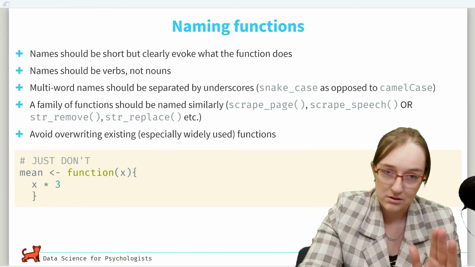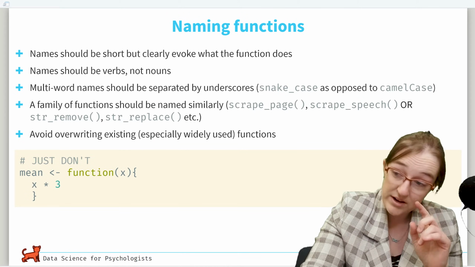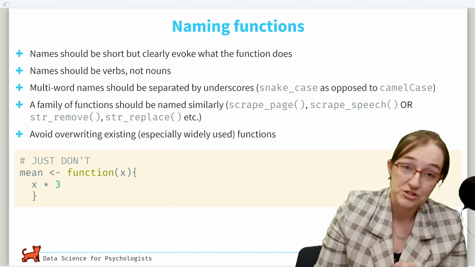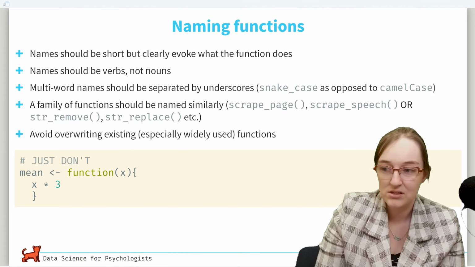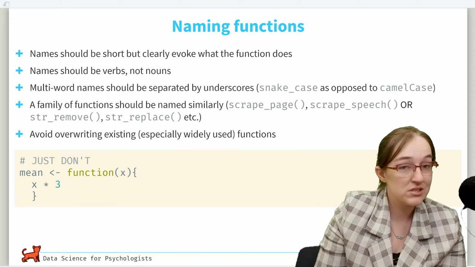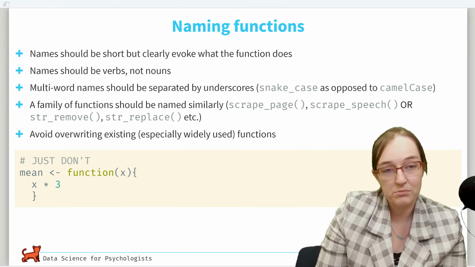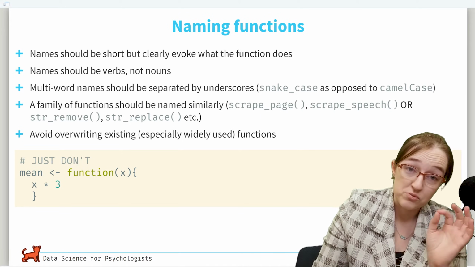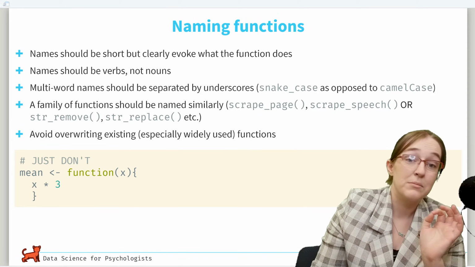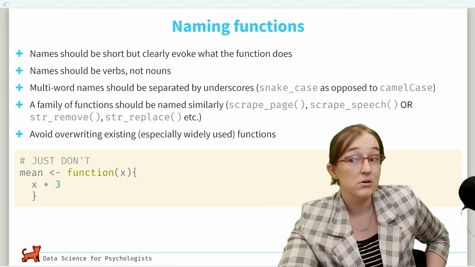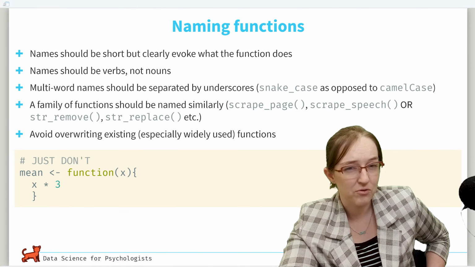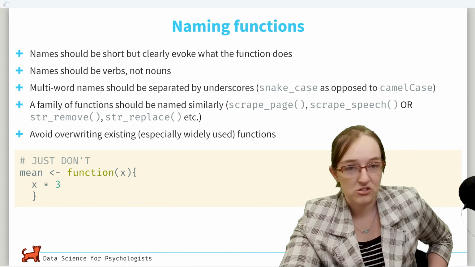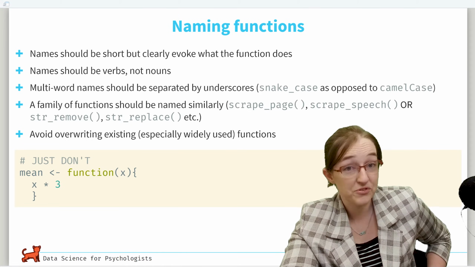So, also, last pro tip, avoid overwriting existing functions, especially popular ones. So, don't assign mean to be a new function. Same goes for mode, which is really unfortunately named, but in base R, mode I think gives you something about the data structure. It doesn't give you the most frequent one.